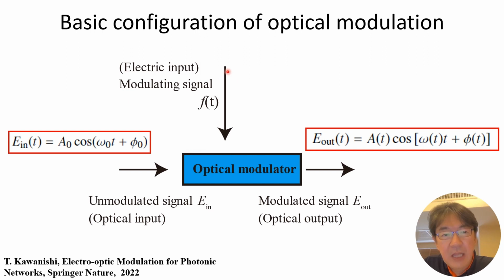Here is an electric input, modulating signal, denoted by f(t). And this is the modulated signal, optical output. Amplitude, frequency, or phase would be modulated by the electric signal f(t).